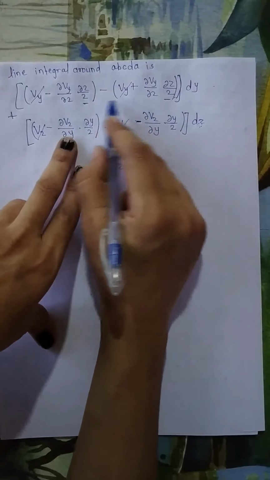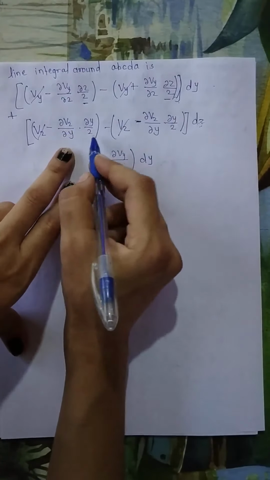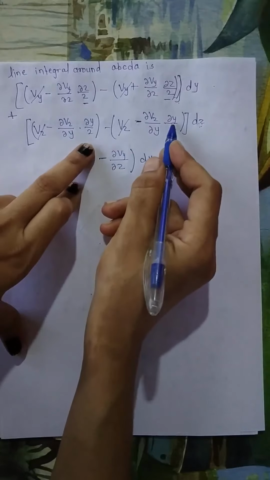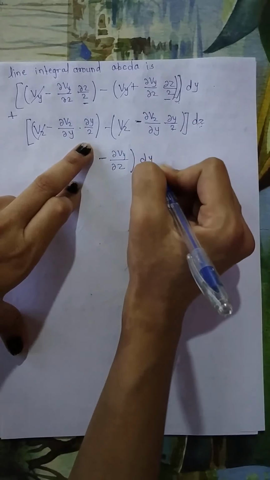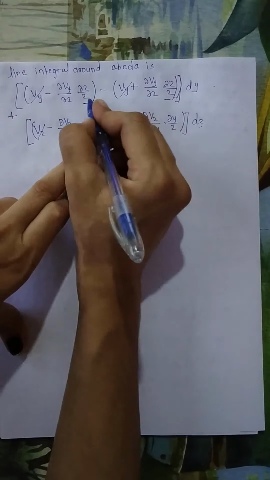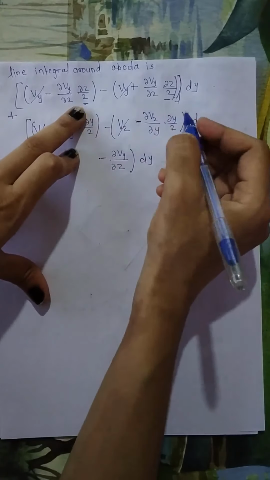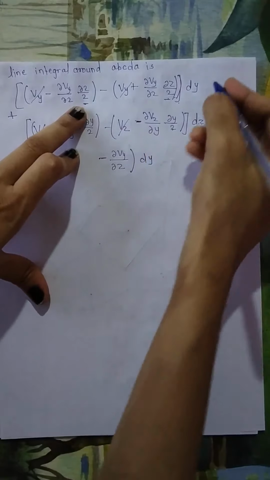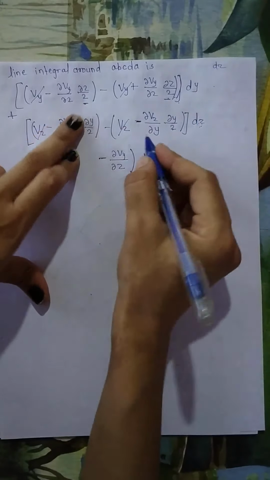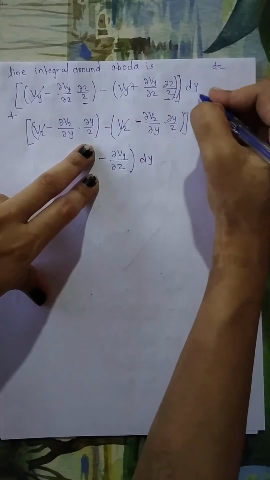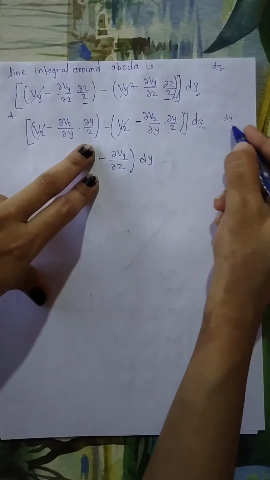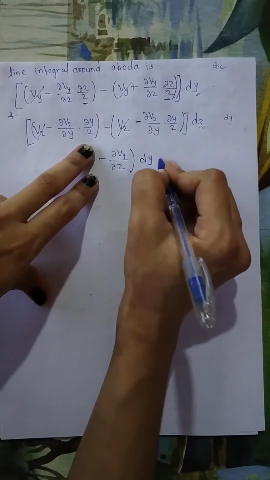Now this is the simplification of the first term, and now for the second, dy by 2 plus dy by 2 will give us dy, which we are going to take common. So here dz by 2 and dz by 2, that is, here we will get dz, and here dy by 2 and dy by 2 is dy. So the product of dy and dz, dy and dz in both terms, is taken as common.